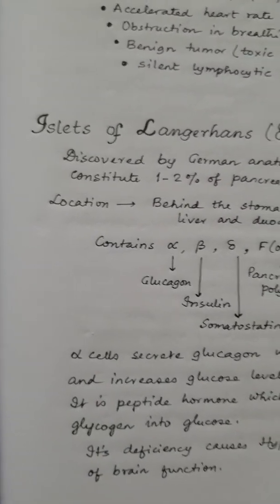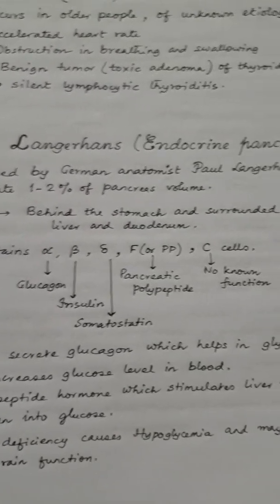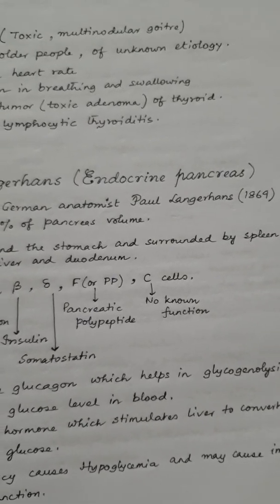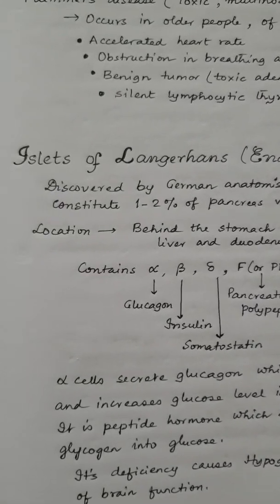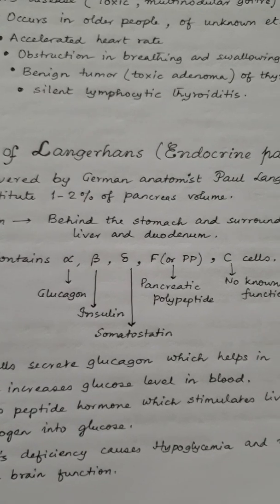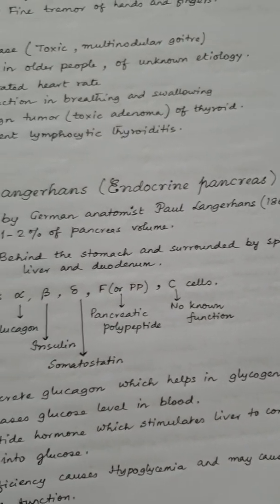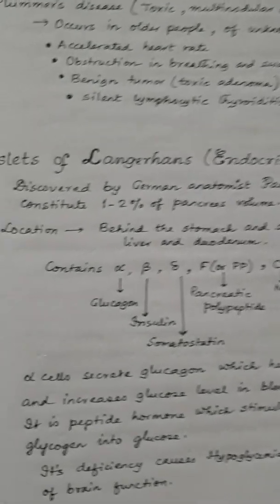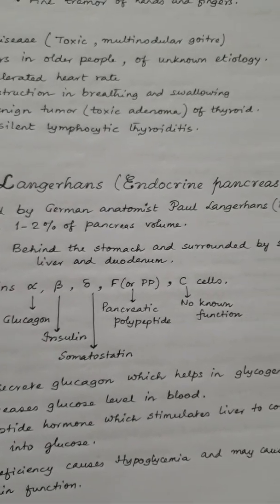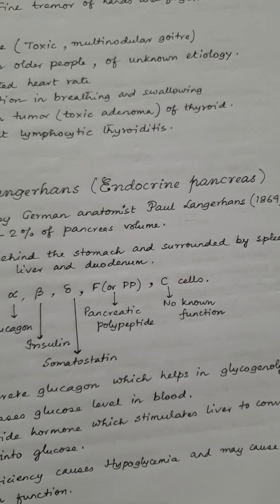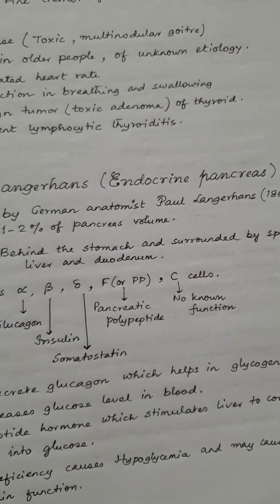The other endocrine gland is islets of Langerhans or endocrine pancreas. It was discovered by a German anatomist, Paul Langerhans, in 1869. The location of pancreas is behind the stomach and surrounded by spleen, liver, and duodenum.